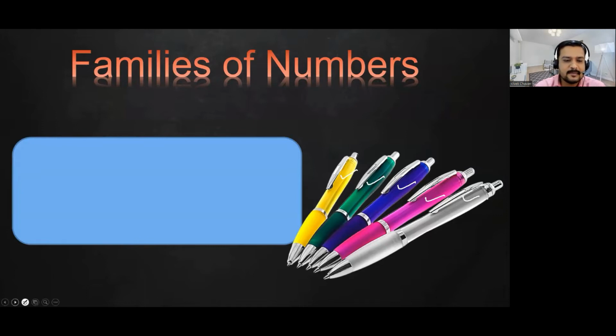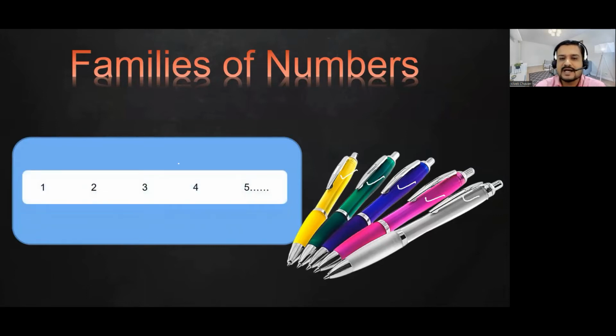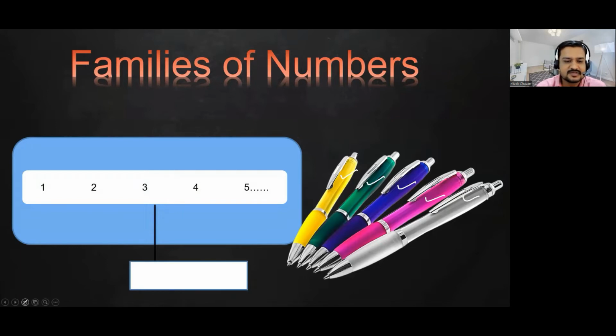So this family of numbers is called as what? This family of numbers is called as natural numbers. All the counting numbers, natural numbers.